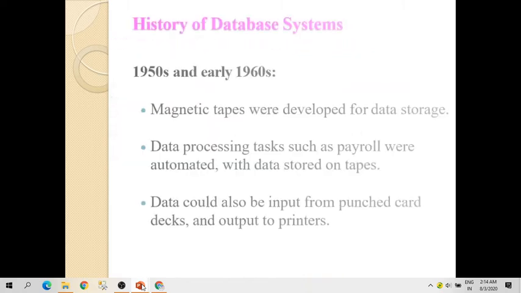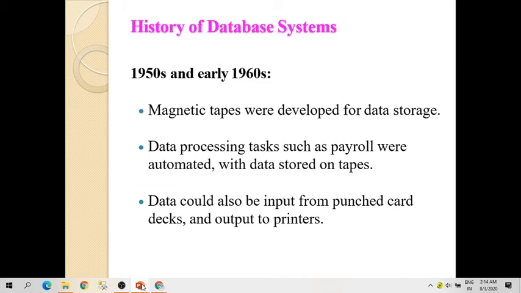Okay, let's take a look at the history now. In ancient times, database systems were developed by government offices, libraries, hospitals, and business organizations, and the principles of these systems are still being used today.